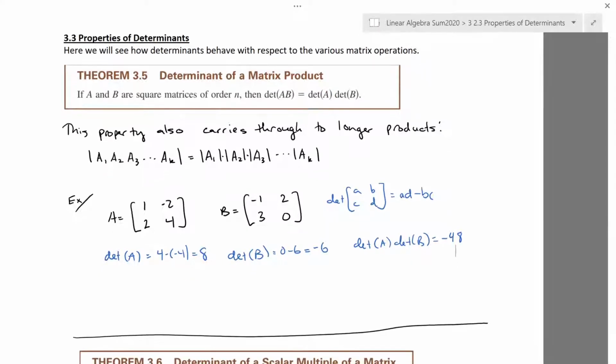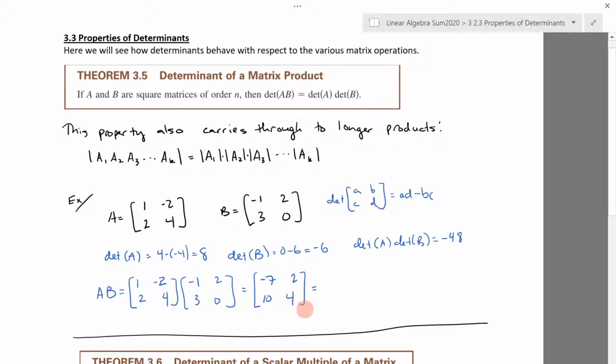Now let's look at the product AB. First let's multiply the two matrices together. So first we do the matrix multiplication. What do I have? Negative 1 plus negative 6 is negative 7. 2 plus 0 is 2. Negative 2 plus 12 is 10. And 4 plus 0 is 4.